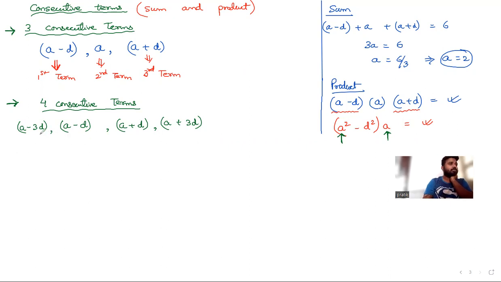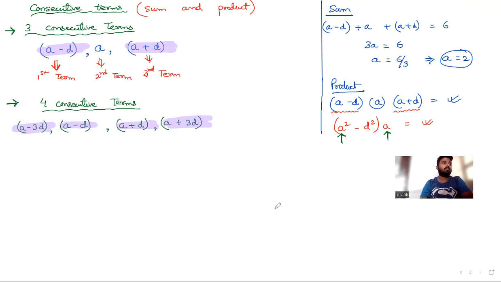It is basically because, understand this, whichever term is there, A minus D I have here, A plus D I have there, and A minus D I have here. So these two definitely can get cancelled. Like the D's can get cancelled here as well. Plus 3D, minus 3D, so when I do the sum, it will get cancelled here. Plus D, minus D, again, they'll get cancelled. I'll be left out only with A.